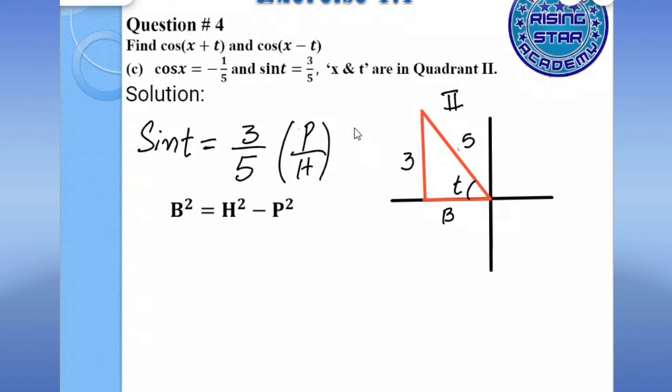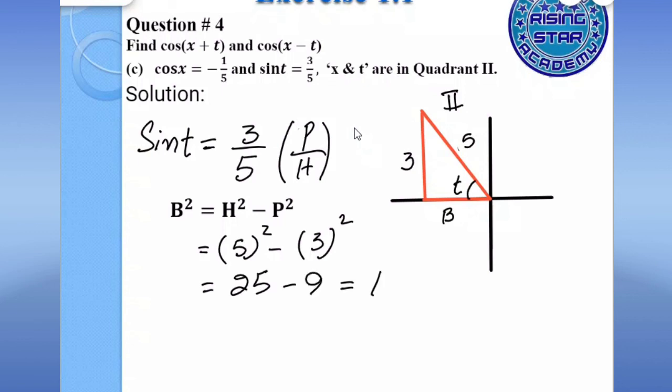Now I will put the values. So the hypotenuse is 5. The perpendicular is 3. So that is 25 minus 9, that is 16. So b square is equal to 16. So value of b is plus minus 4 after taking the square root.